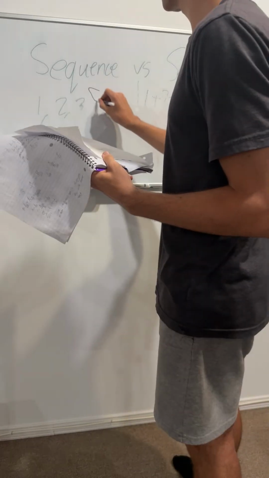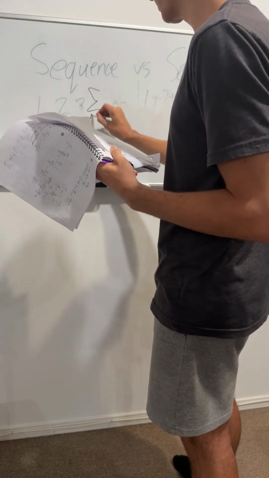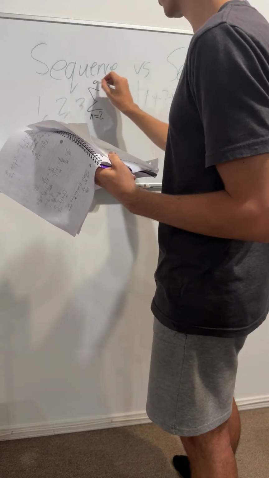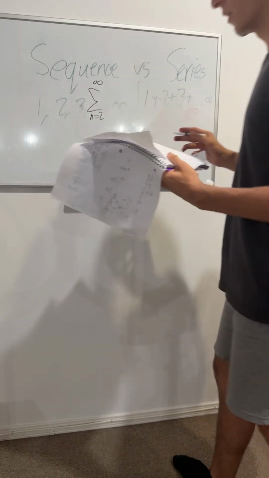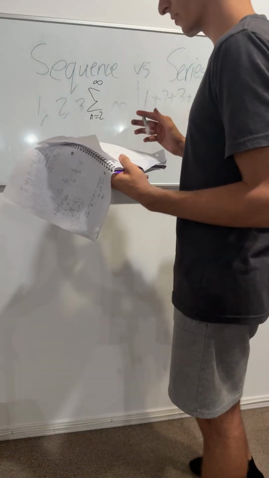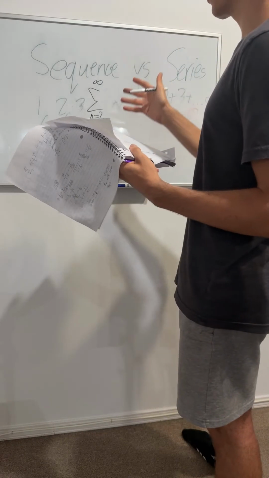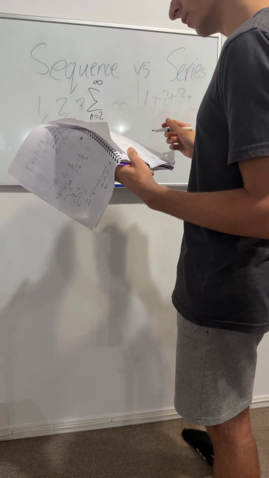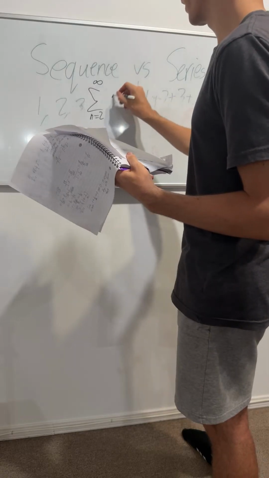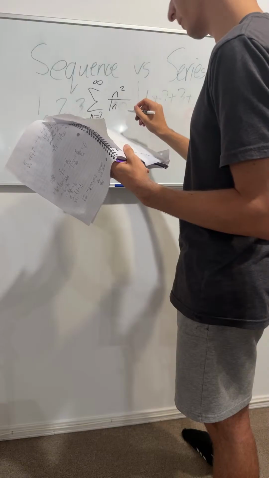So, sigma, n equals 2 to infinity. Why am I saying integral? Calc AB torture. It's not. Alright, so sigma n equals 2 to infinity, and this is number 14: n squared over natural log of n.